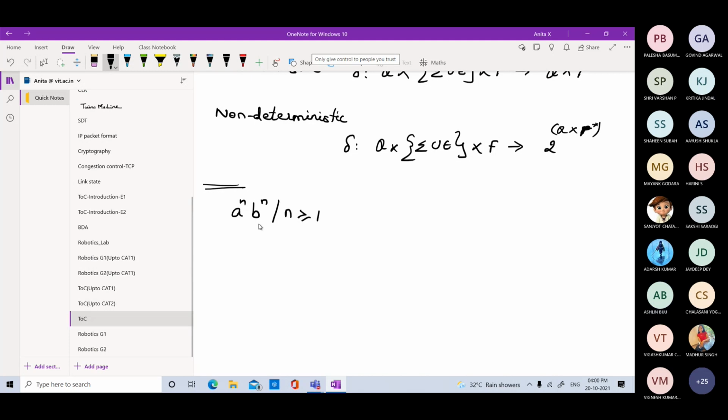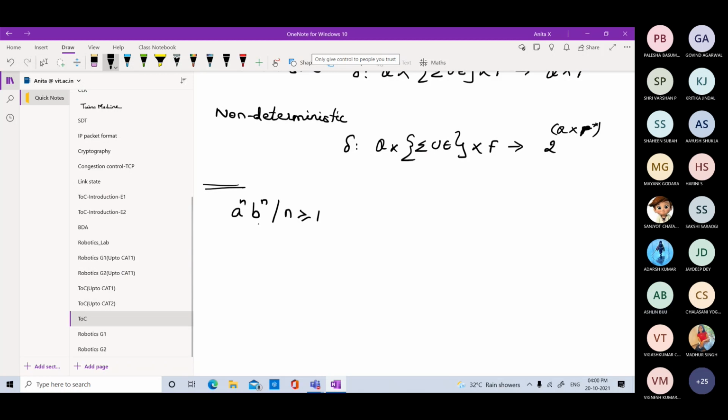As you say, I can check a^n b^m, that is a sequence of A's and then a sequence of B's. Yes, I can check it with the finite automata. But here, equal number of A's and equal number of B's, is it possible? No, ma'am.